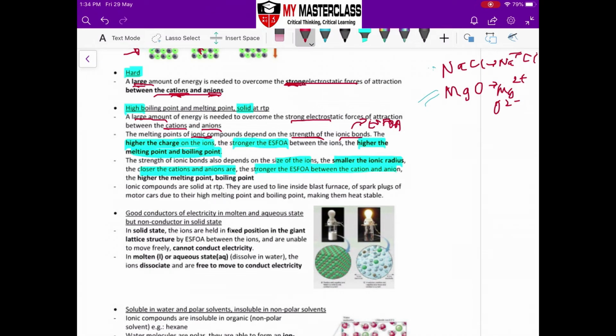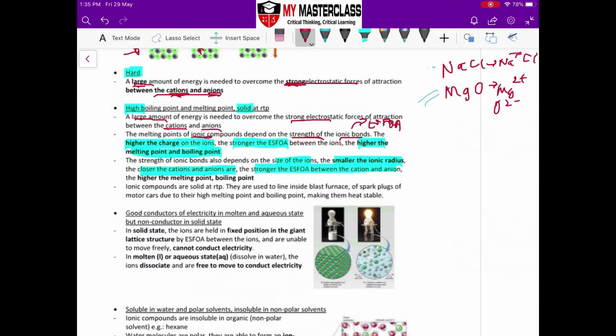But if your magnets are quite far apart, meaning a bigger size, in this case related to the ionic radius, then the attraction becomes weaker. Weaker attraction will lead to lower melting point and boiling point. So in other words, the smaller the ionic radius, the stronger the ESFOA, the higher the melting point and boiling point.